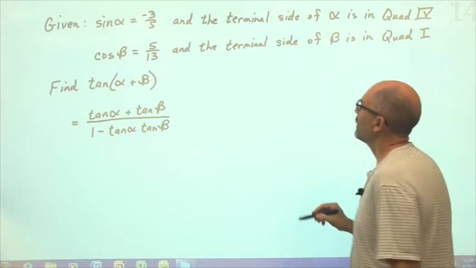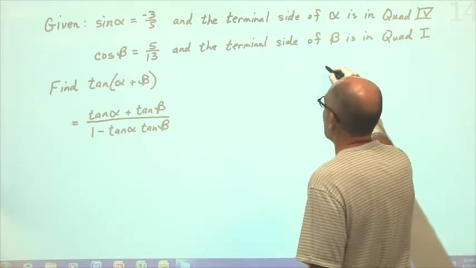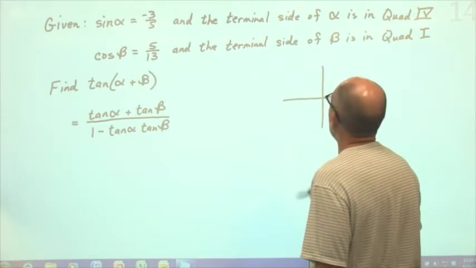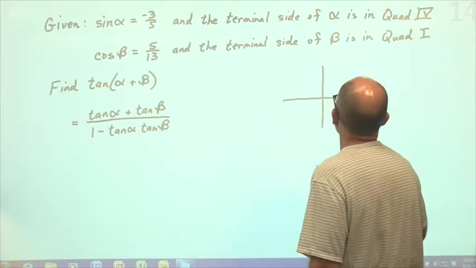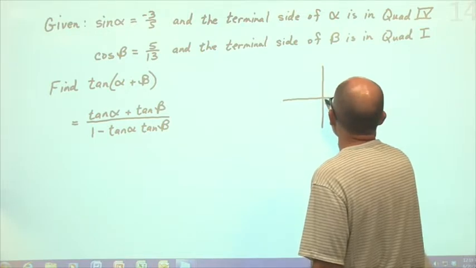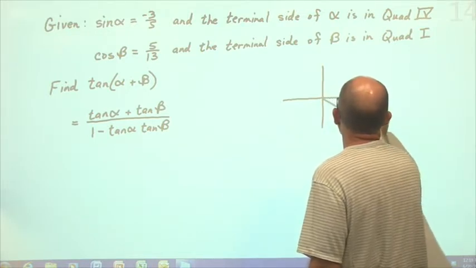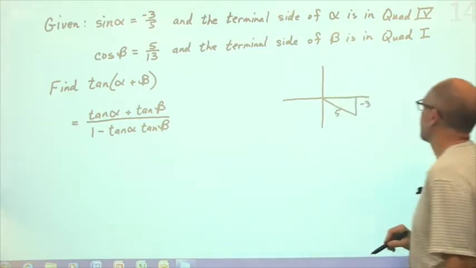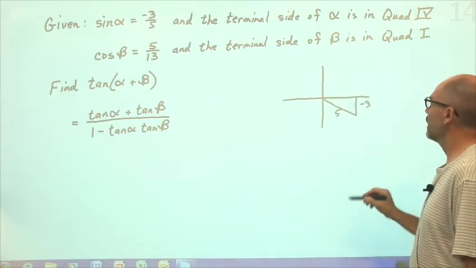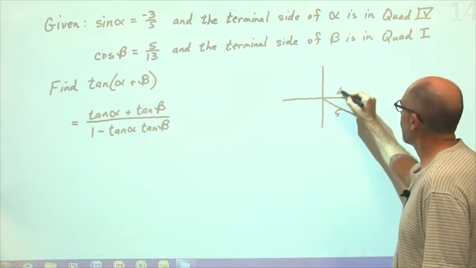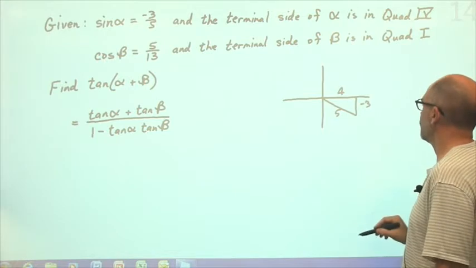And now we need to know what tangent alpha and tangent beta are. Well, if we're given that sine of alpha is negative 3/5, and the terminal side's in quadrant 4, so the opposite is negative 3, and the hypotenuse is 5. So what's our third side? Well, it's 25 minus 9, which is 16. Square root of 16 is 4, and that's going to be a positive 4.